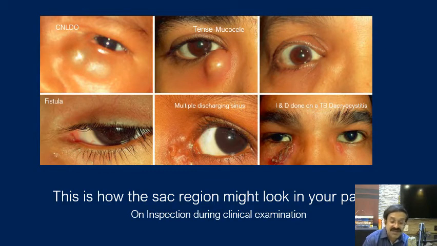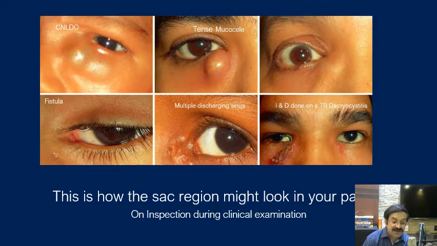The second is a tense mucocele, or an encysted mucocele, and these are usually not compressible and are painless. The third one is a swelling, where if you do a ROPLAS, I'll tell you what a ROPLAS is later on, you will have mucopurulent fluid coming out from the punctum and the sac emptying.